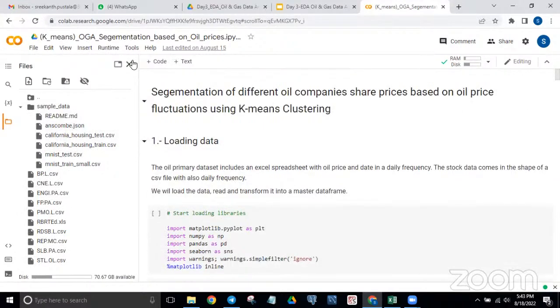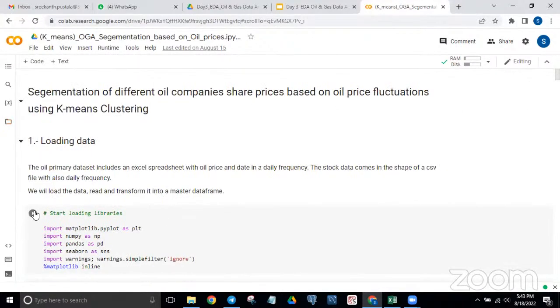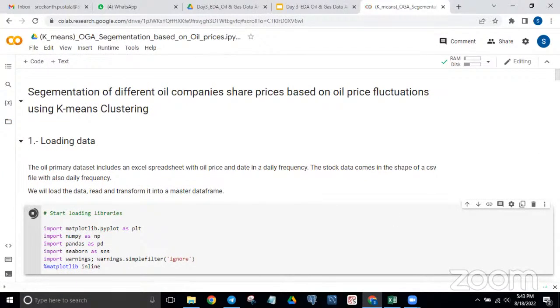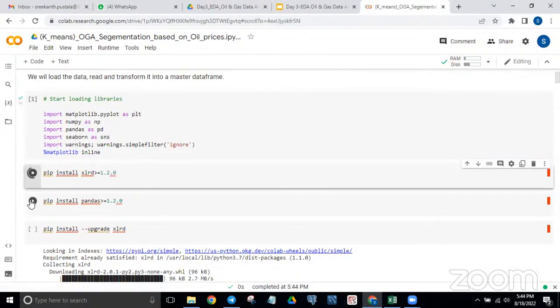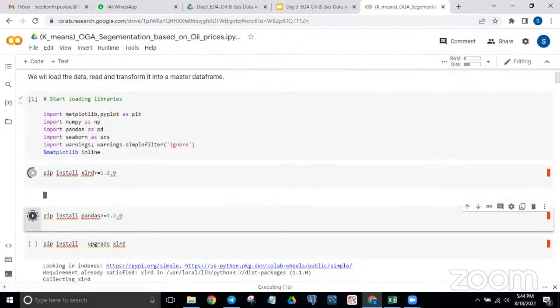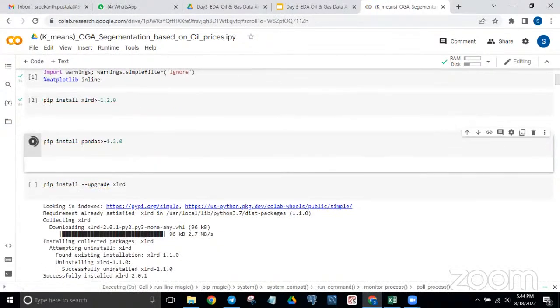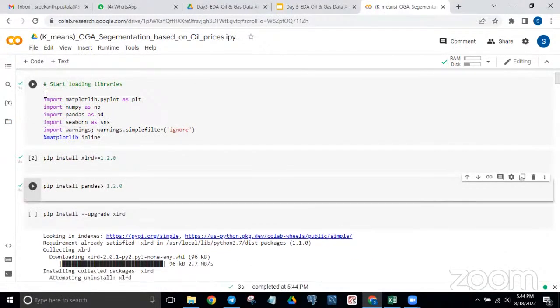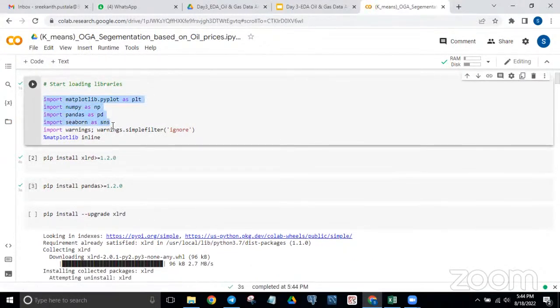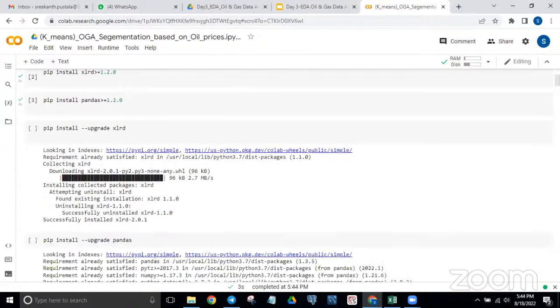So this is my data. I'm just running the data now. So we have to upload the data, and we have to import different packages that we have here.